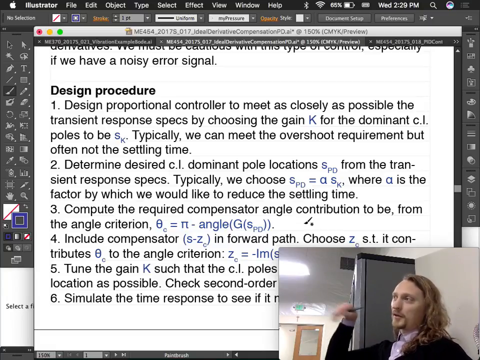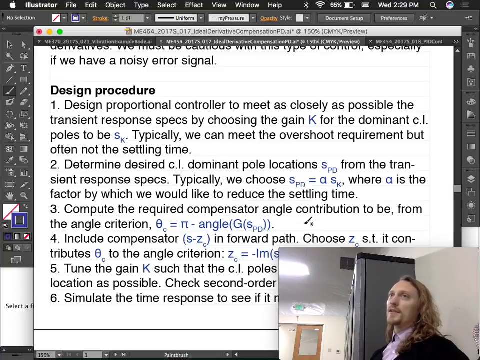So you can keep going around, right? So the magnitude criterion was that the magnitude has to equal 1, and the phase one is that the phase has to equal 180.